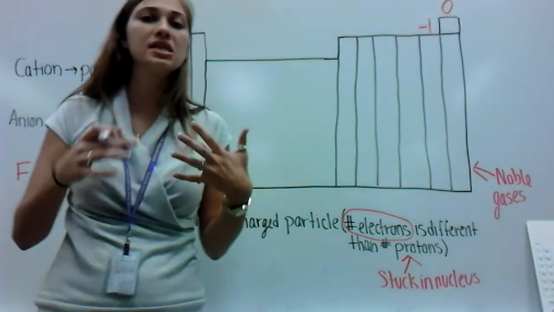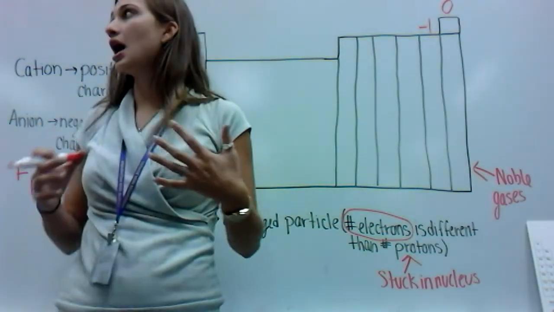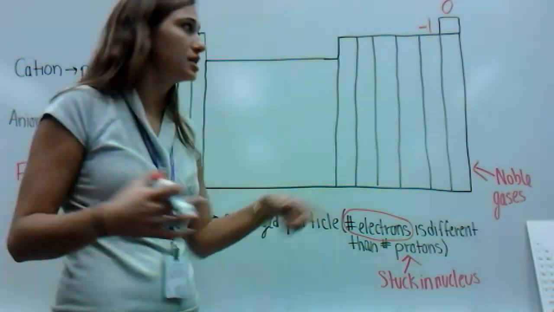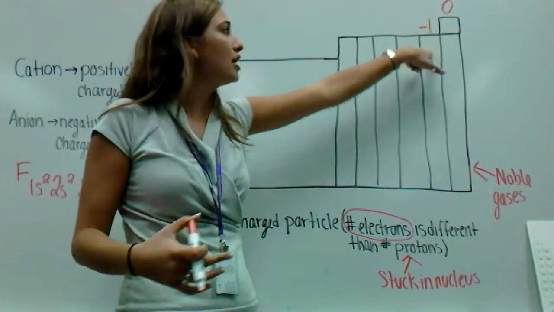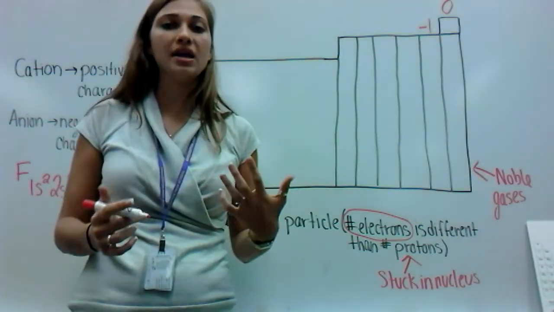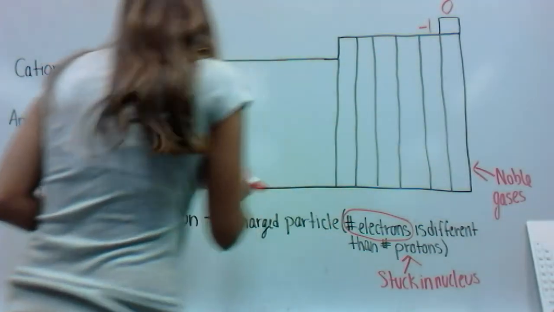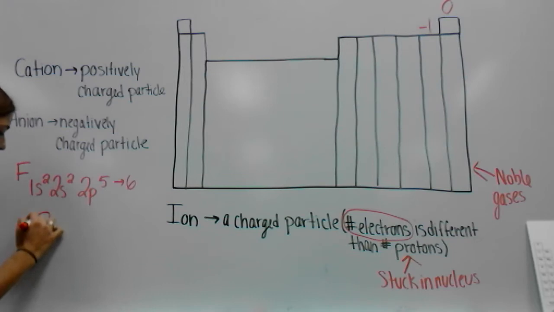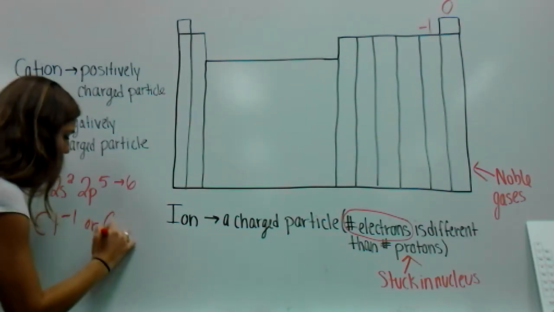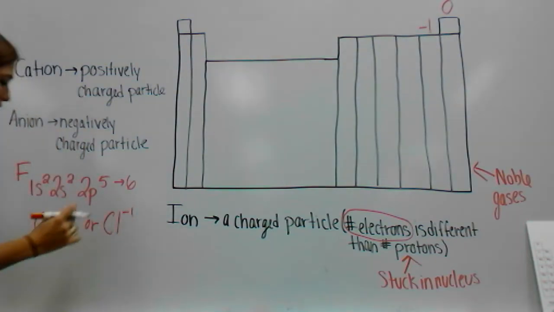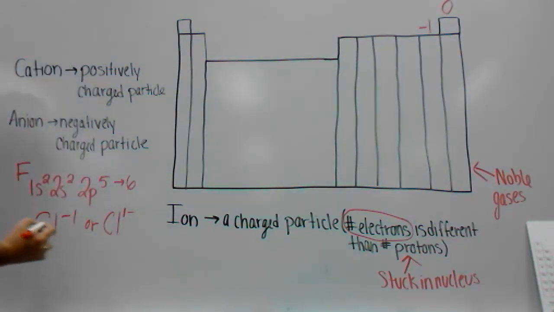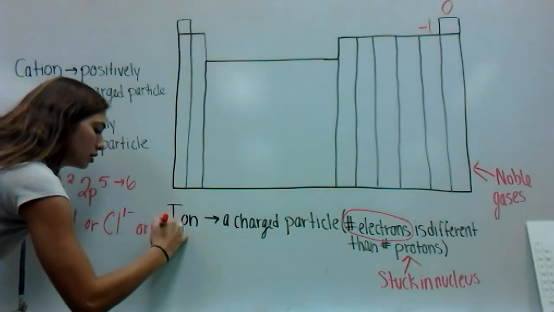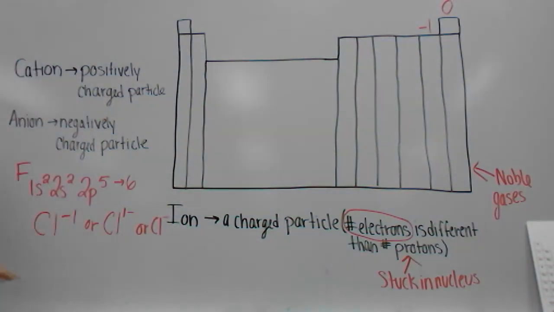If I were to ask you what is the ion form of chlorine, for instance, you would say if chlorine was an ion, it would be Cl1-. You can write Cl1- like this, or like that, or like that, or just like that.